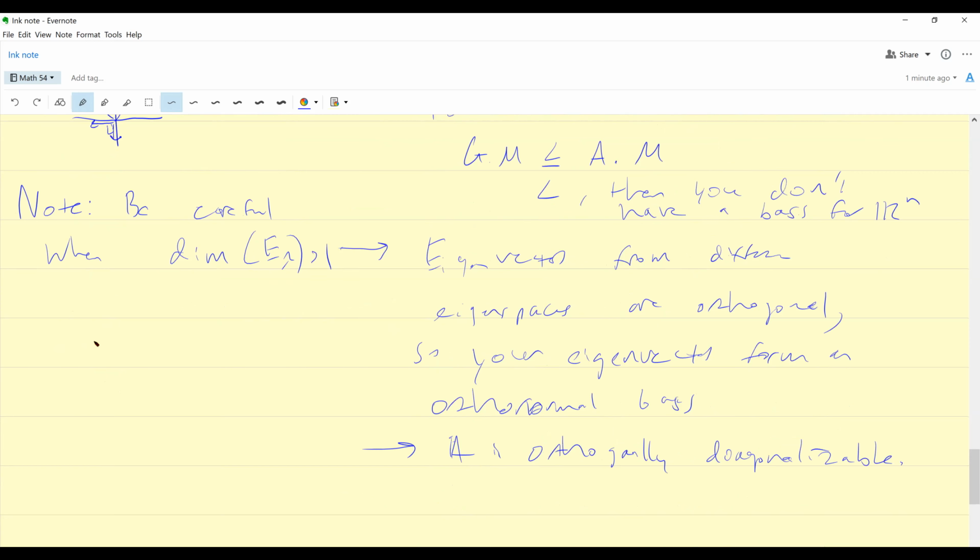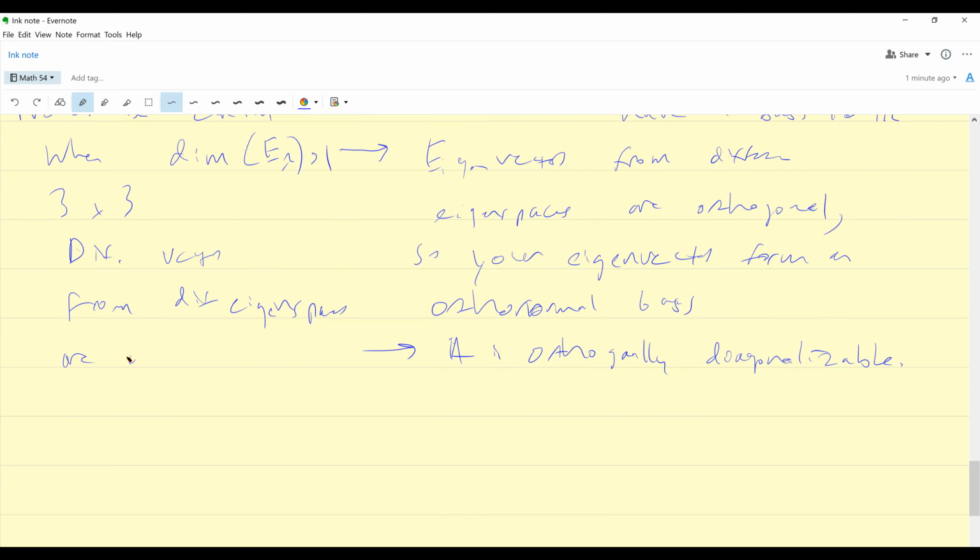So if you have, let's say, a three-dimensional matrix, and one of your eigenspaces is two-dimensional and the other isn't, different vectors from different eigenspaces are orthogonal. But not necessarily ones from the same space.